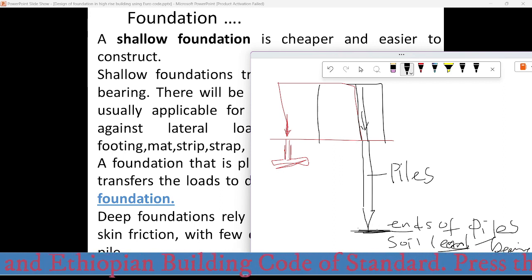So the mechanism by which the higher structural loads coming from the superstructures are transferred to the soil is via the end bearing mechanism, and also using the side friction. Here we'll have a friction. So the load will be resisted by the side friction as well as by end bearing.